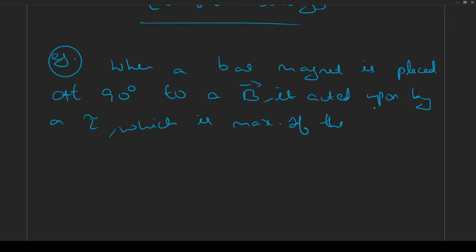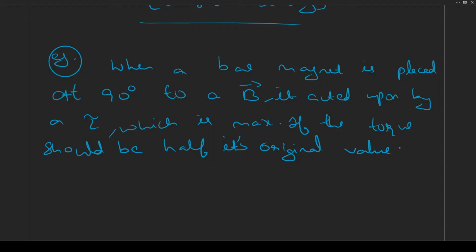If the torque should be half its original value, then what should be the angle of inclination?